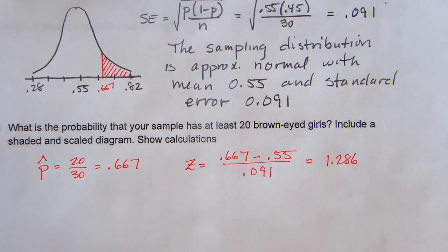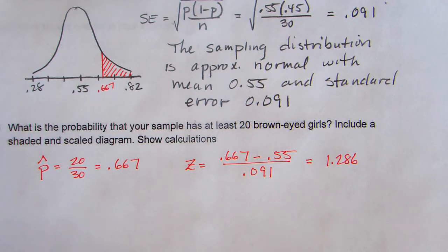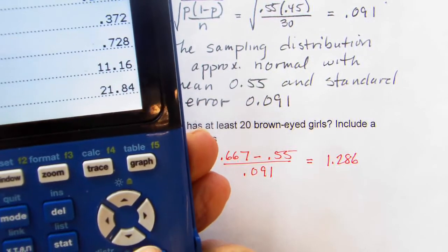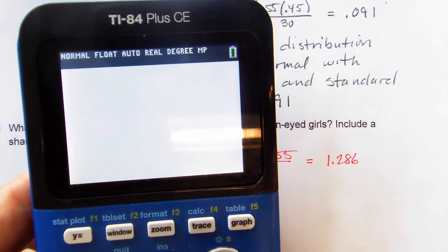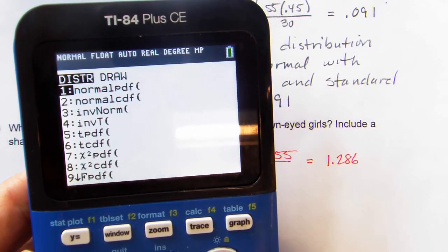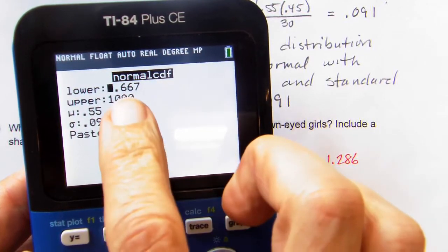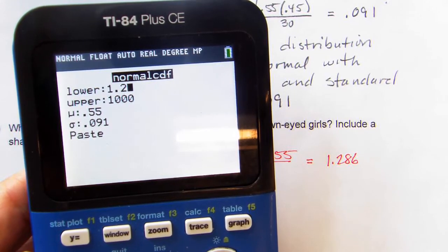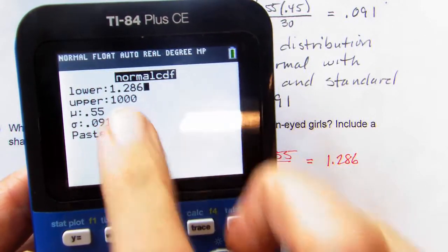And so we'd like to figure out, okay, can we take this and figure out what the probability is? So we could use a z-chart. We could also use our calculators using the normal CDF function, and I'll show you 2 ways to do that. I think you're pretty familiar with this. So one way is we could take the z-score, 1.286, that's our low z-score, and then we'll pick an upper bound of 1,000.